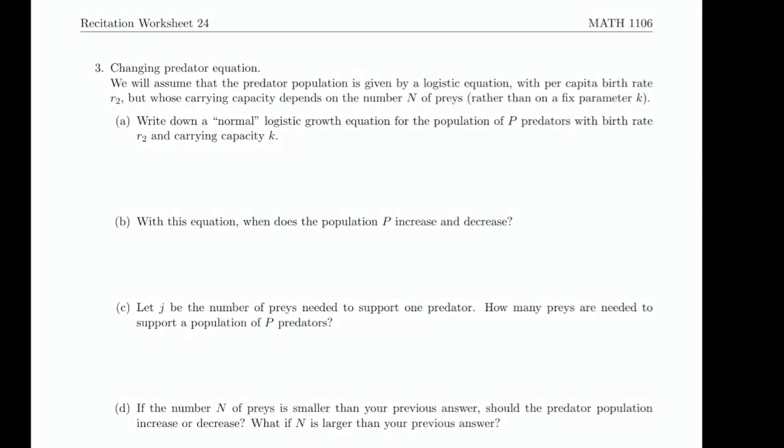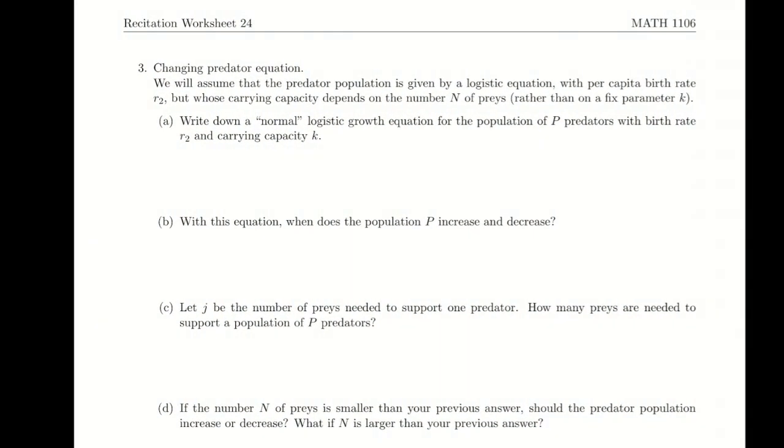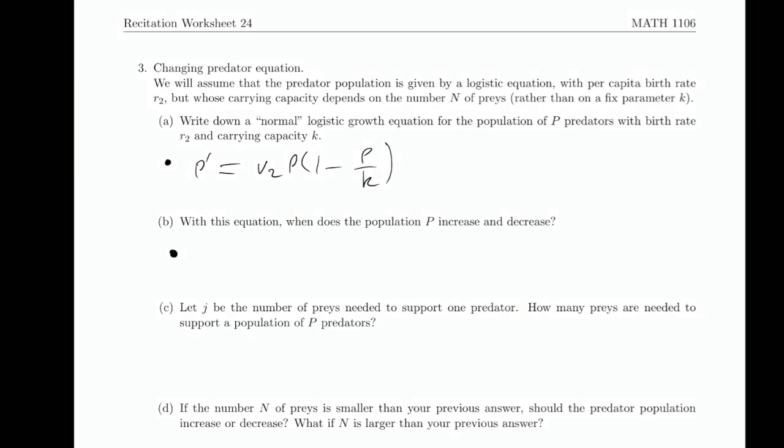Now let's consider the predator equation and how we can modify that. In part A, we're just asked to write down the normal logistic growth equation for population P with birth rate R2 and carrying capacity K. And then in part B, we are asked to determine the values for which the population P is increasing and decreasing.